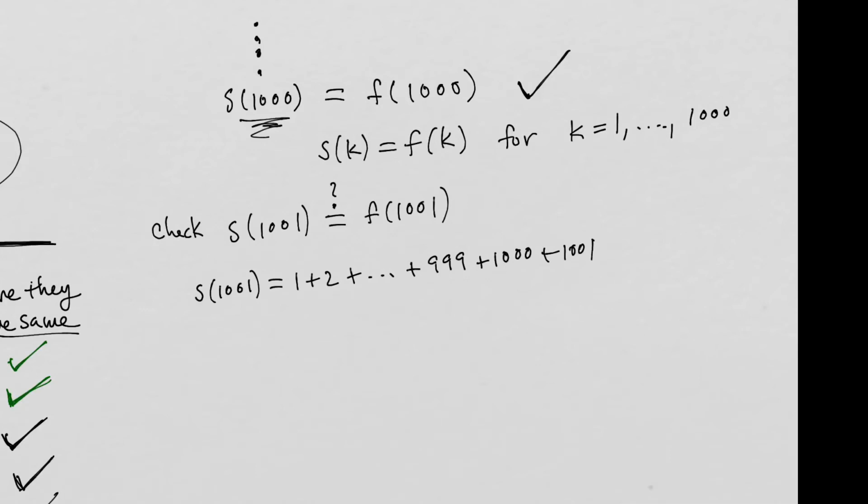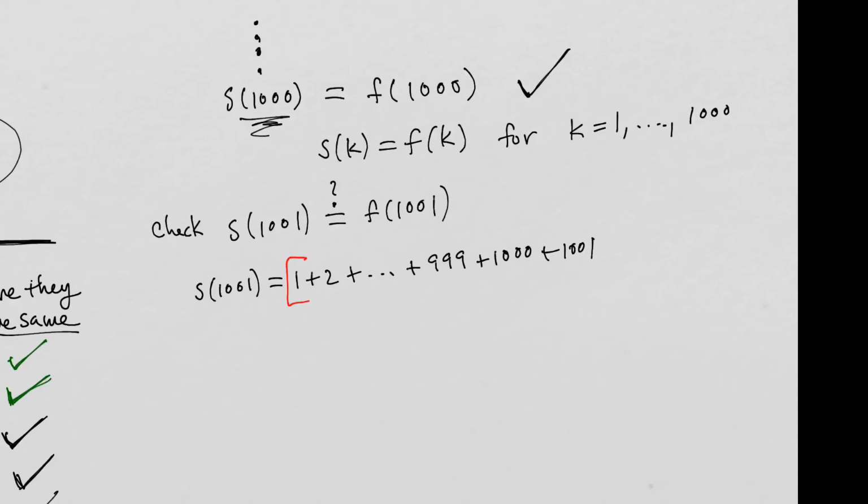You're going to look at this and be like, no, thank you. I don't want to calculate that thing. It's going to take me forever. But then we could use our clever trick again. It's like, well, what is this? This is just S of 1,000.